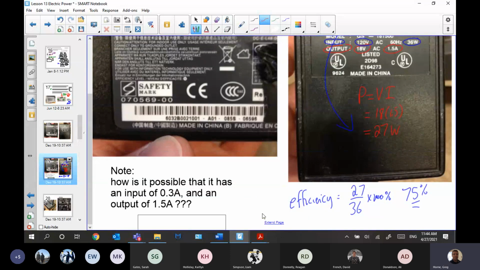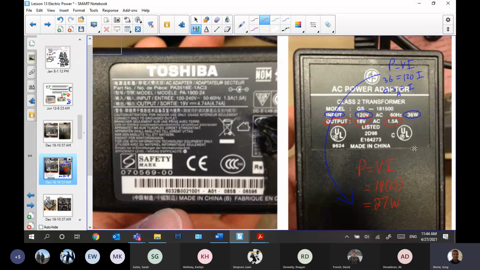Something a little weird about this, if you notice, is the output power. The output power is 27 watts, and they gave the voltage and the amperage for some reason. So this thing puts out 27 watts. It takes in 36 watts, puts out 27 watts.